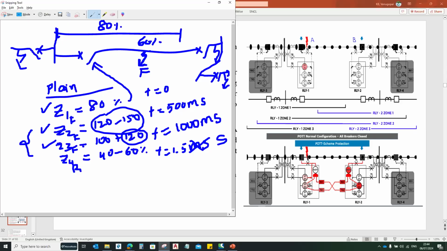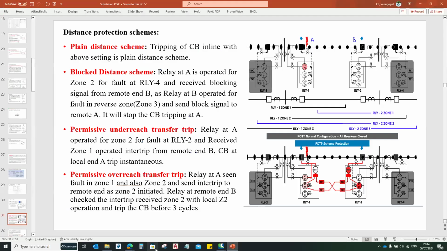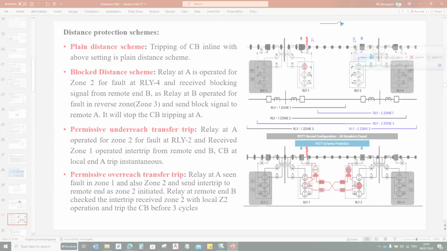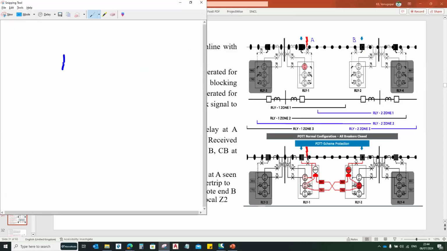But before these two timers expire, I'm giving a trip to the circuit breaker, so these timers will be reset once the circuit breaker is tripped. This is the plain scheme. Now I will go with the blocked distance scheme. Blocked distance is nothing but, just I'll take this.